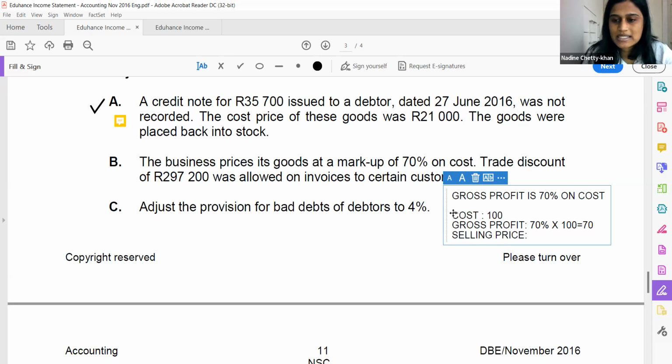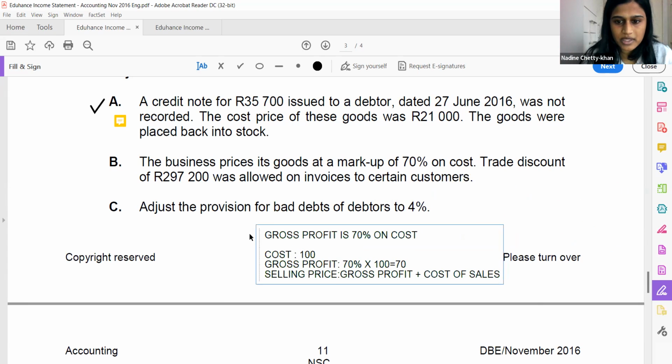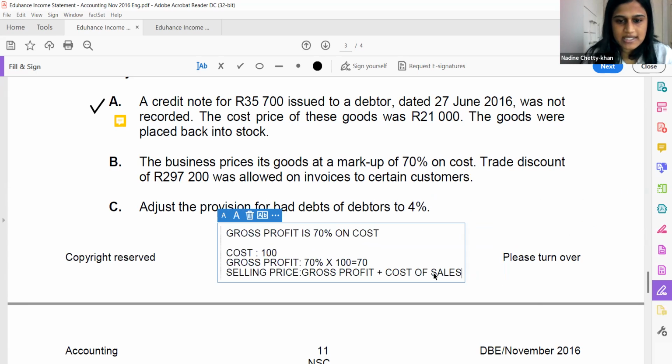Selling price is gross profit plus cost of sales. In other words, if you take sales minus cost of sales, you get gross profit. So if you add gross profit to cost of sales, it will give you selling price. In my example, if gross profit is 70 and cost of sales is 100, selling price will be 170.